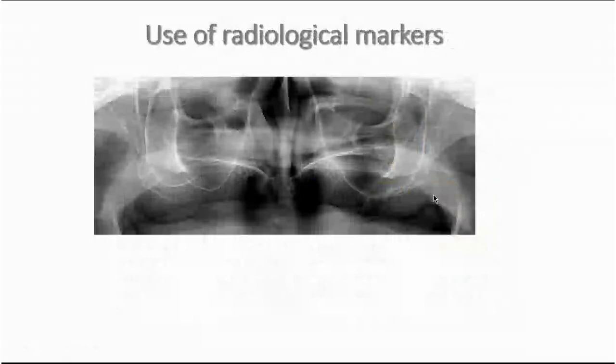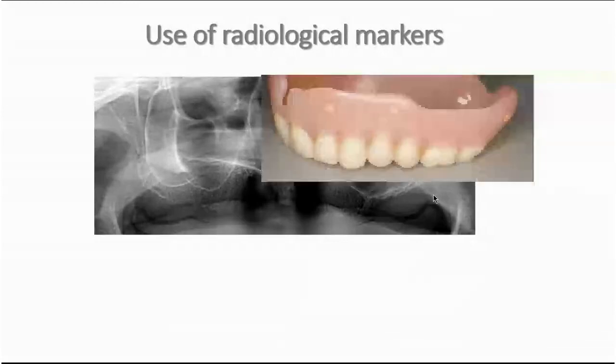Also, in some complex situations, we could utilize gutta percha markers. You can see the gutta percha markers here. This is the prosthetic element which was made for another patient. This is just showing the distance here.